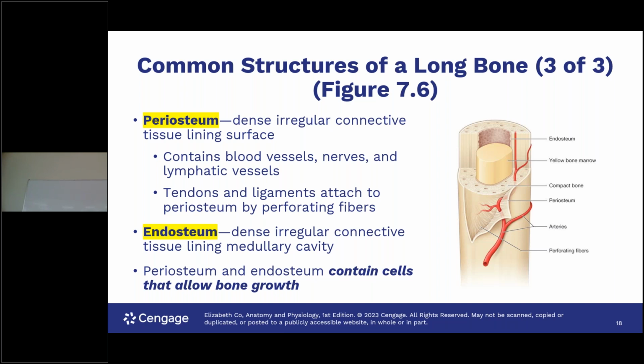So the medullary cavity contains yellow marrow and it's lined with endosteum. Periosteum outer, endosteum inner. Both of them contain cells that allow bone growth. So osteoblasts, does that make sense to you? An osteoblast is a synthesizing bone cell.